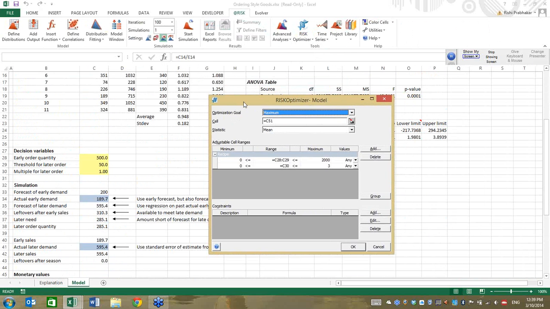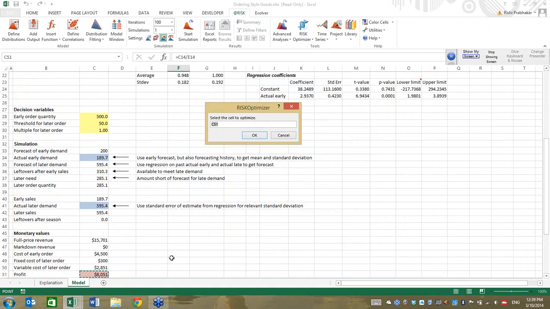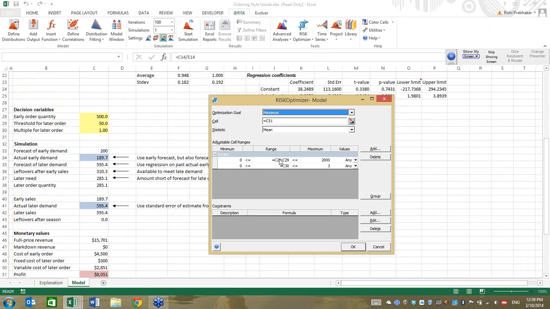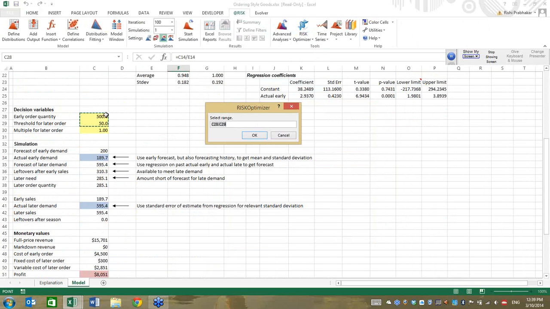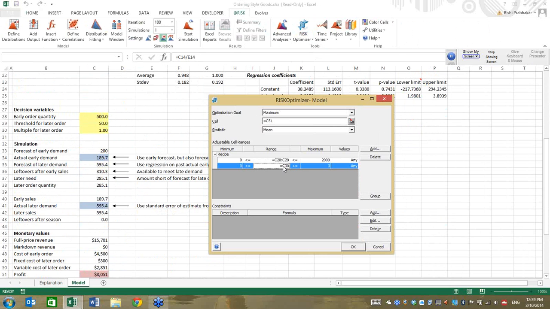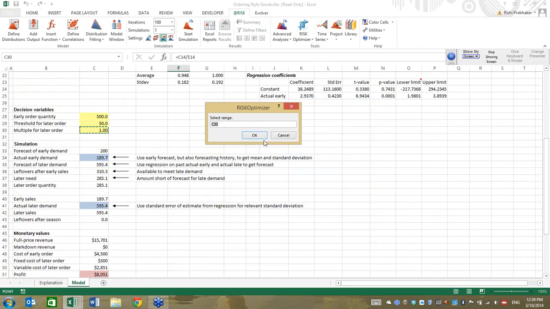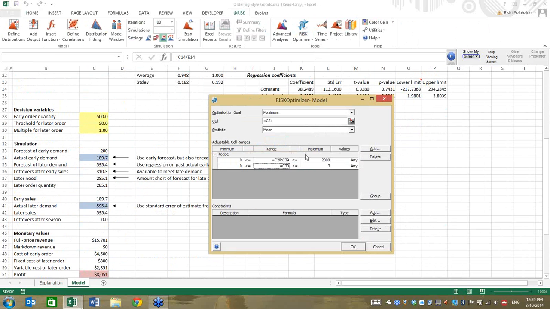Not everyone's working in project portfolio management. Here, I'm trying to maximize, again, the expected value of my profit, but that will involve me making decisions about how many goods to order, what we will consider to be our decision variable for ordering later, and also just another factor here, which is the multiple for that. So any values within that region.